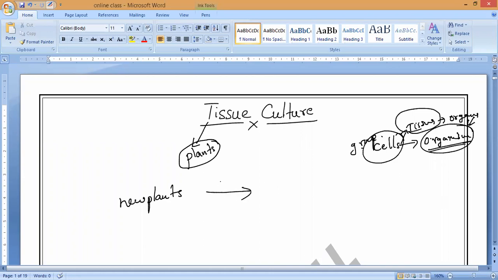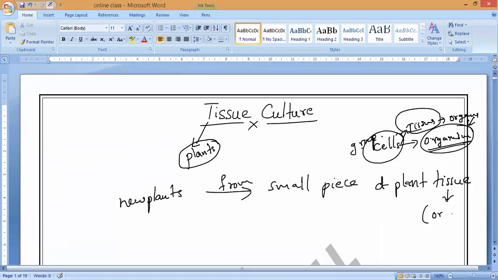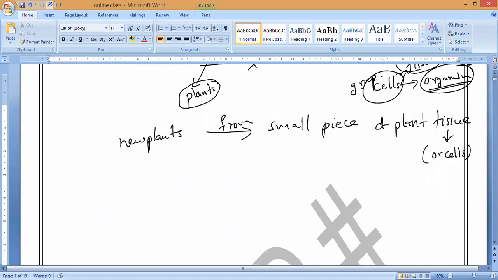We get new plants from a small piece of plant tissue. What do you mean by tissue? A tissue is a group of cells. So from a small piece of plant tissue, we can produce a new plant.